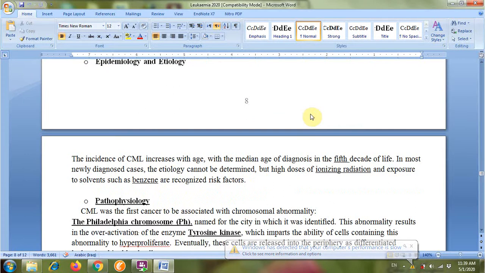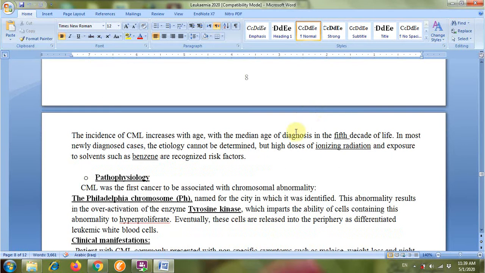The etiology predominantly occurs when the patient is exposed to environmental factors. يعني معظم حالات chronic myeloid or myelocytic leukemia occurs in the middle age, 50 decades, and chronic exposure to the environmental factors أكثر ما تكون هي genetic problem. High doses of ionizing radiation, exposure to solvents, to benzenes, to asbestos, to any environmental risk factor.